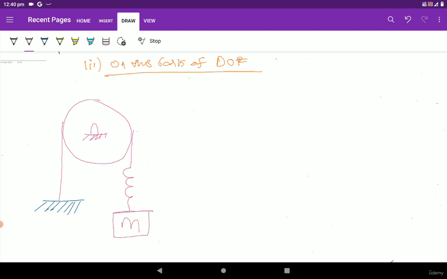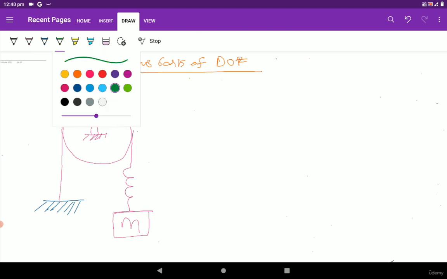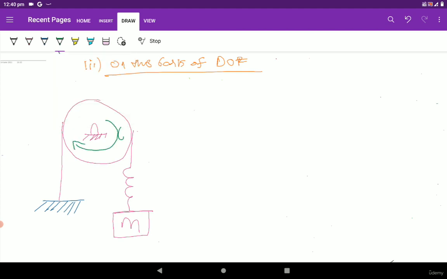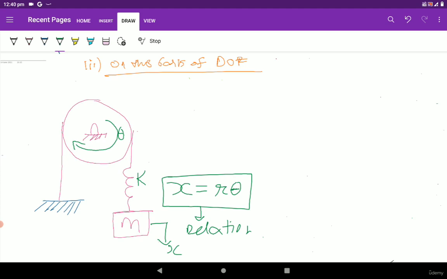When this mass moves down, then the pulley rotates by theta angle, and this spring, which has spring constant k, will move by x distance. We know that x is given by the formula x equal to r theta. So if theta rotates, then it will move by distance x equal to r theta. So this is the relation between x and theta. So we can say for this system, the degree of freedom is equal to 1.